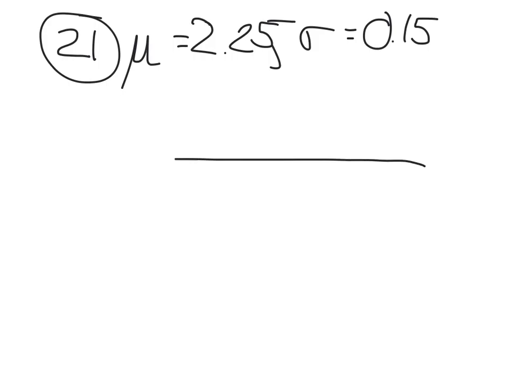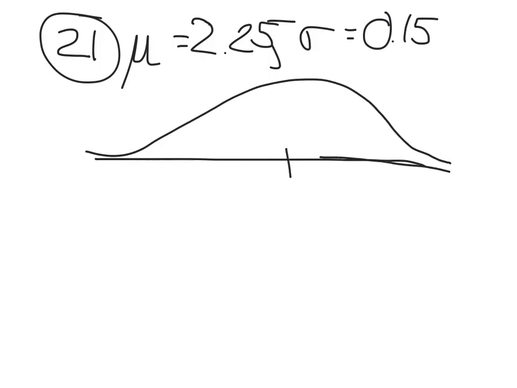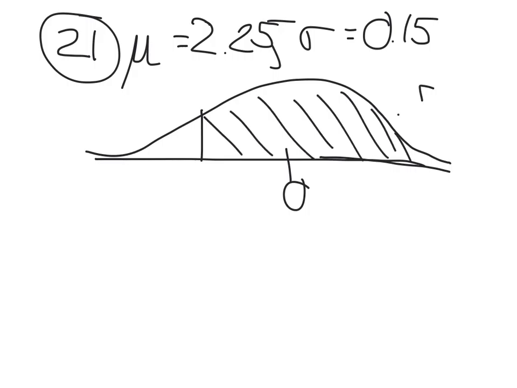So let's look at our picture again. The shaded in part is our 0.77, our 77%. So down here, we actually have 23%, or 0.23. So we need to find this horizontal value here that cuts off the 23 from the 77.